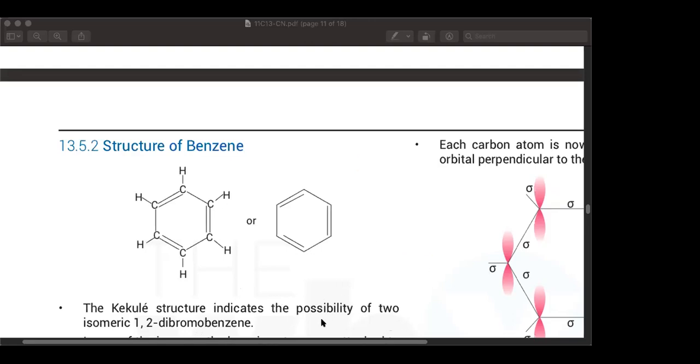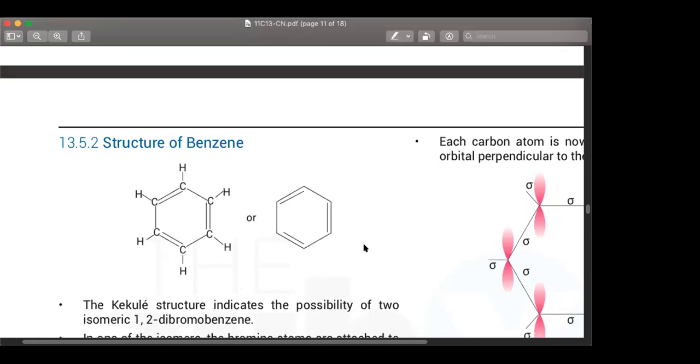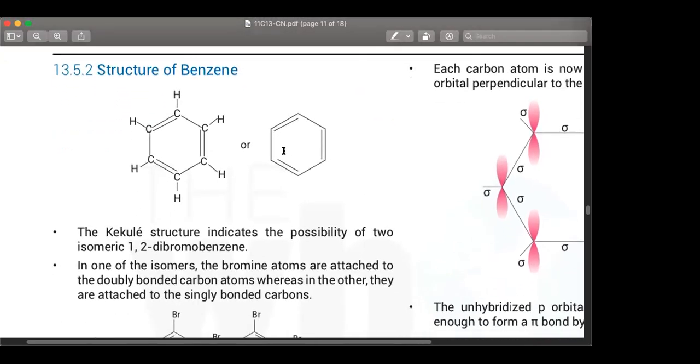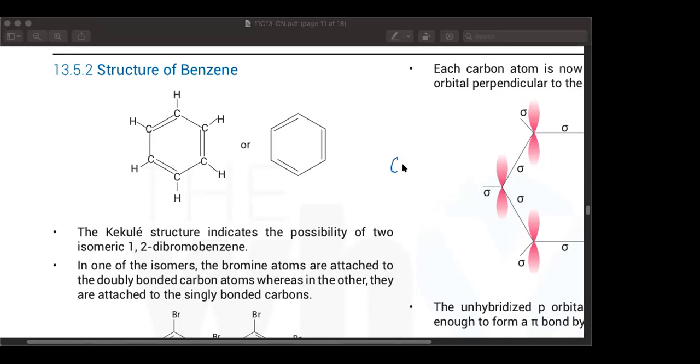Initially it was difficult for people to visualize that ring structures could be present. Imagine the time before the structure of benzene was found. In the world of chemistry they knew there was some aromatic compound. When they analyzed it, they found its formula was C6H6, six carbon atoms and six hydrogen atoms.